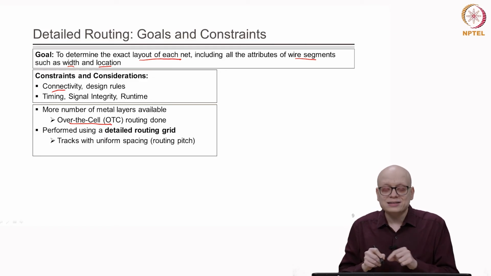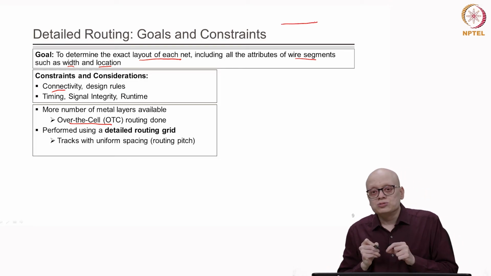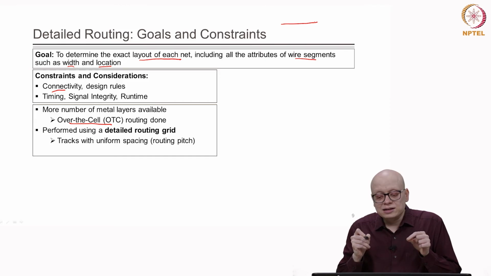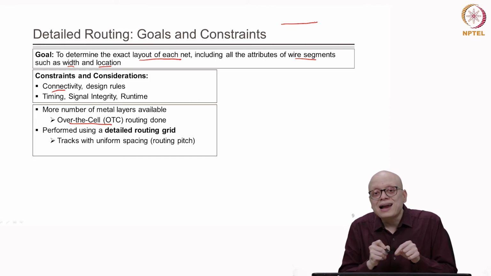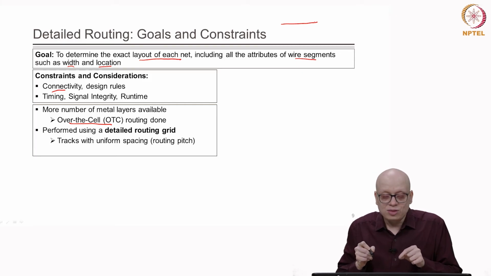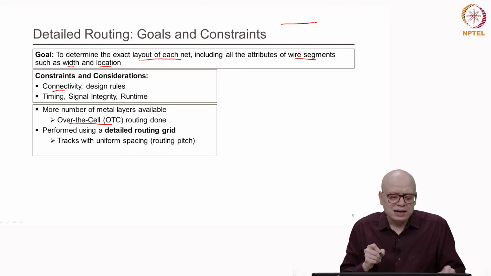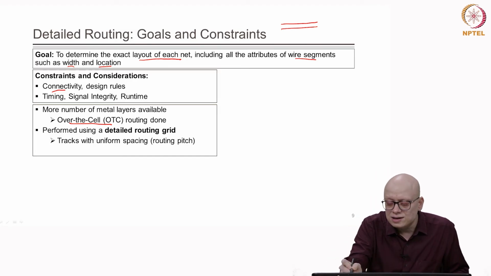Now, what are tracks? Tracks are basically metal lines, and so the detailed router tries to find out which tracks are to be used for making connections for a given net. Now, these tracks are typically uniformly spaced, right. So, we create these tracks with a uniform spacing.